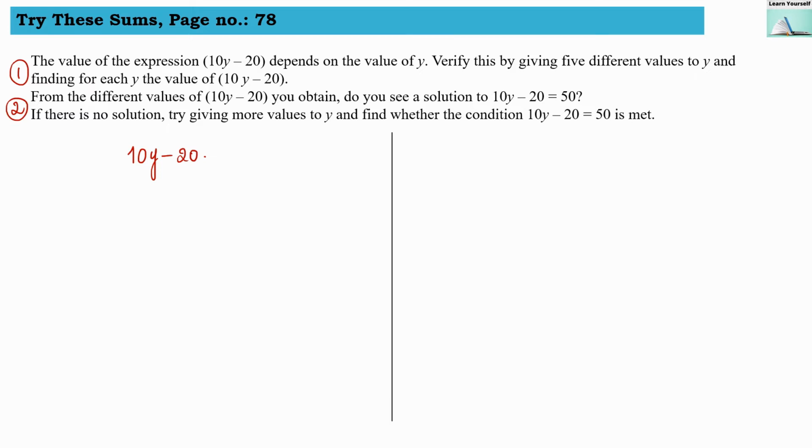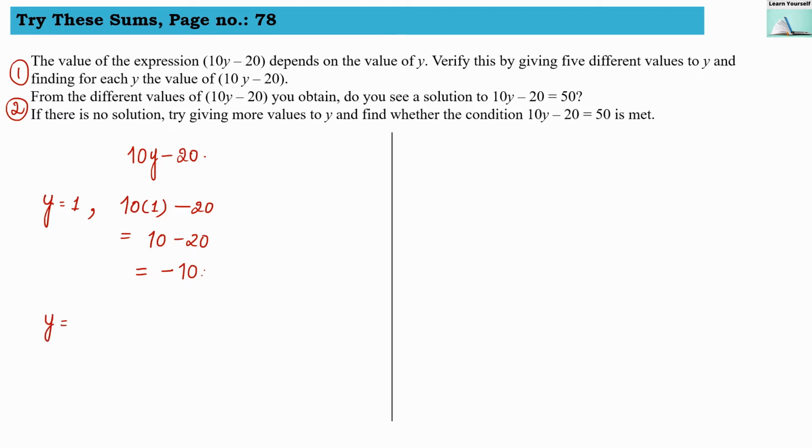If we take y equals 1 first, we substitute y equals 1 in this expression. So 10 multiplied by 1 minus 20. We get 10 minus 20, which is minus 10. So for y equals 1, we got the value minus 10. This is our first case.